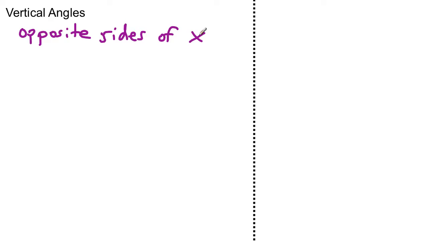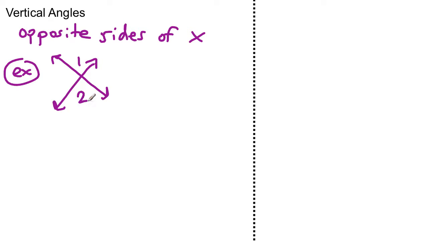Opposite sides of an X. Okay, so an example of this, say you had one line that was like that, and you had another line intersecting it. Okay, angle 1 and angle 2 are vertical. Okay, so we say angle 1 and angle 2 are vertical.